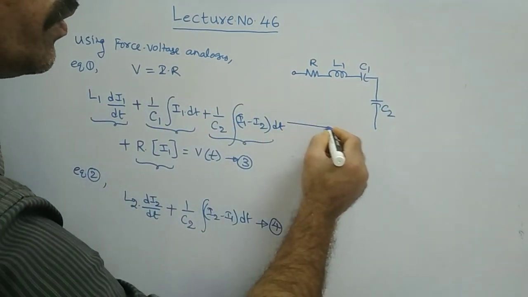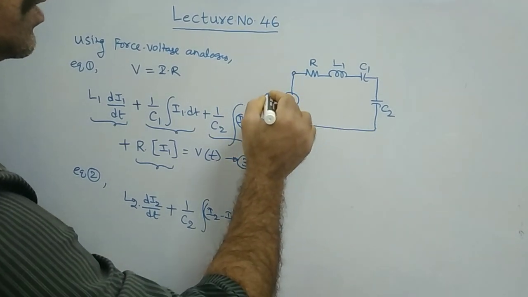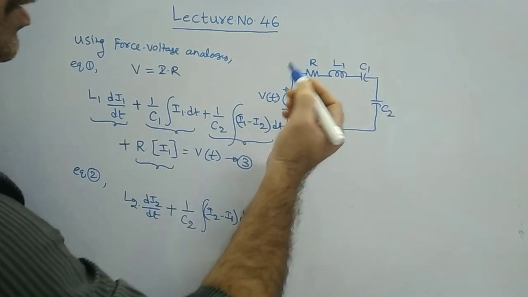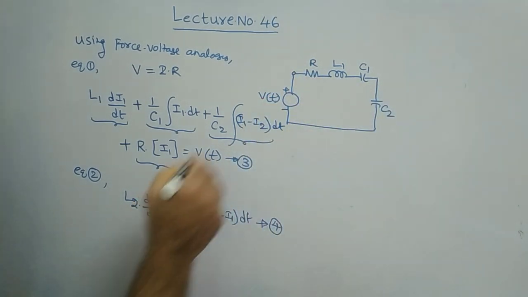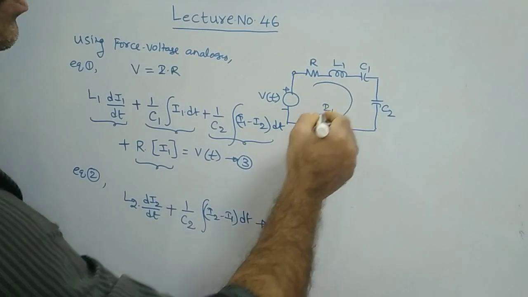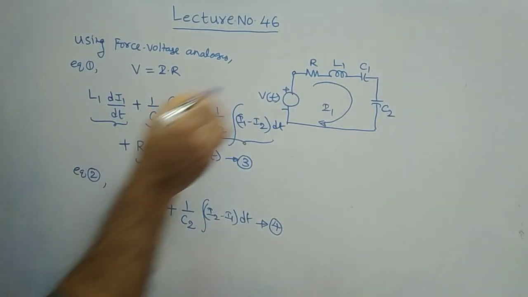Now, if you close the circuit, you will have your V of t like this, plus for example. And in this loop the current is your I1. Whatever I1 we are mentioning, that I1 flows in this loop.